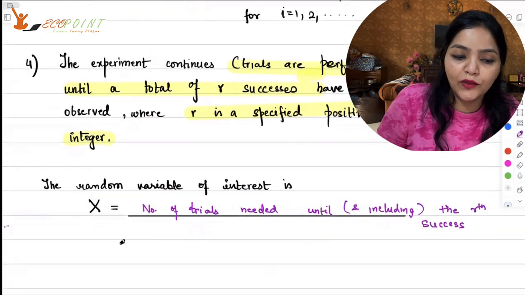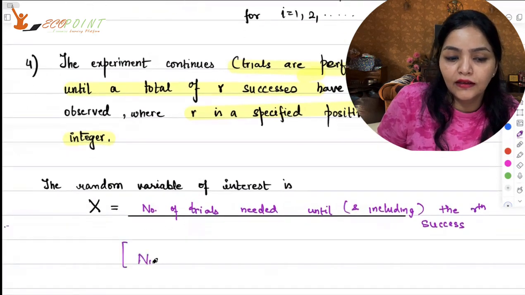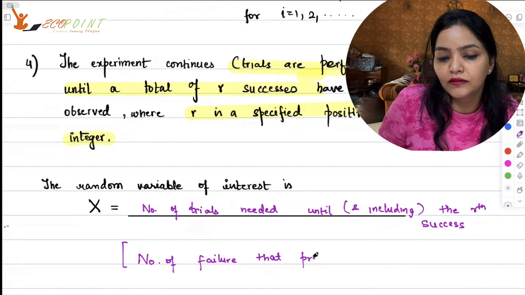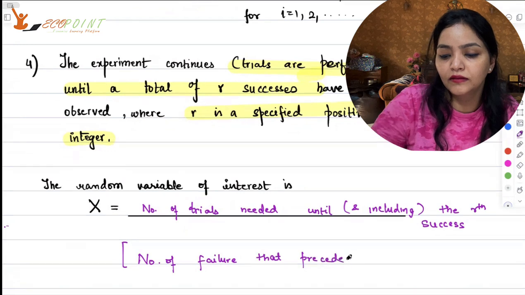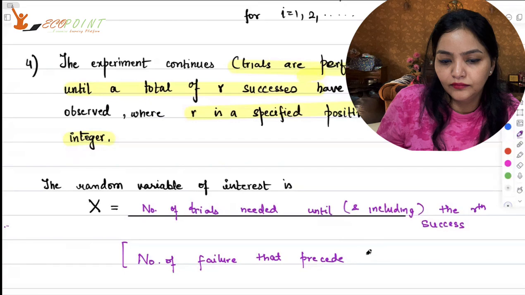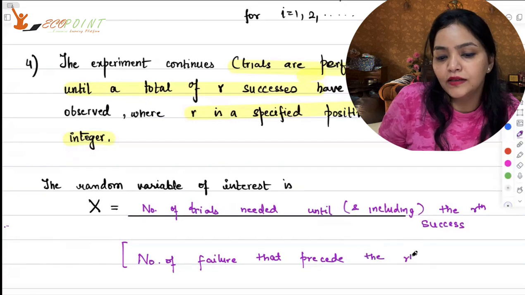It could also be taken as the number of failures that precede the rth success.